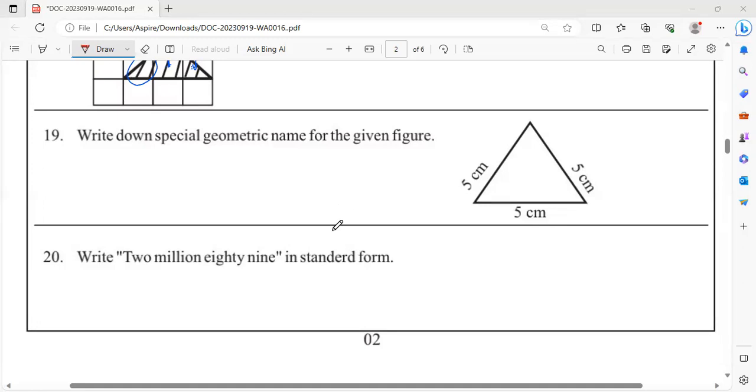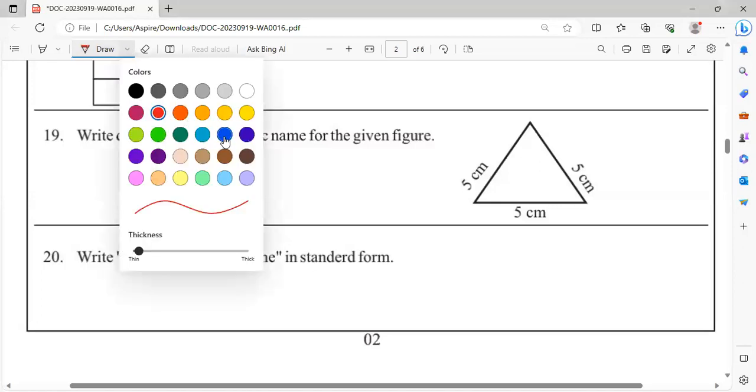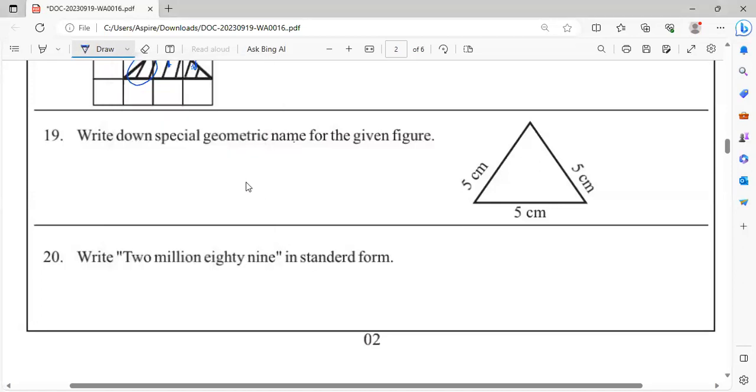Triangle. It is not just a triangle. There's a special name for this triangle. What is it? We learn about this in the rectilinear plane figure lesson, isn't it? This is an equilateral triangle.